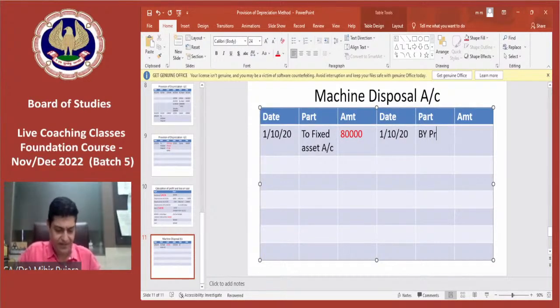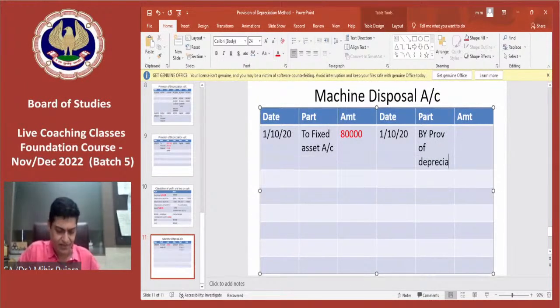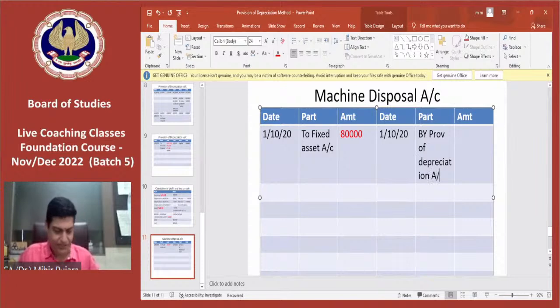By provision for depreciation account 18,440. Now what did the bank realize?